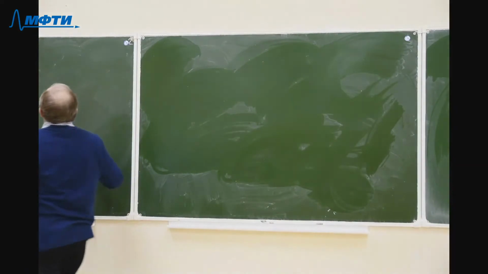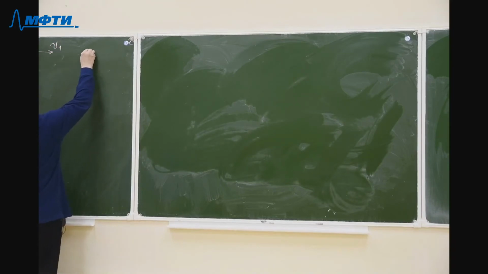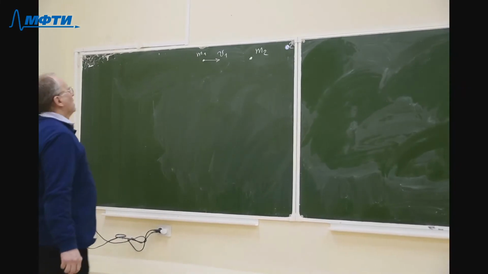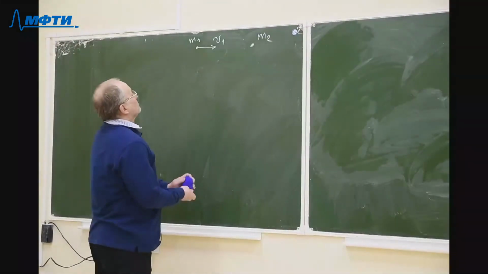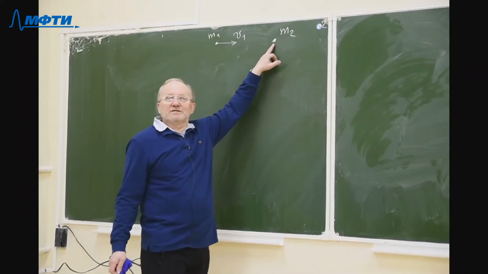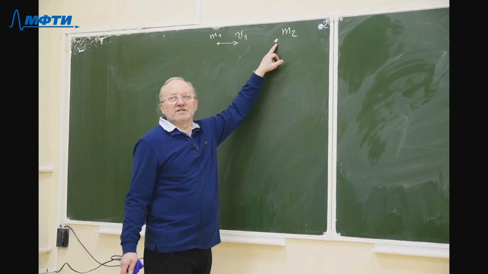Suppose we have two particles, m1 moving at velocity v1, and another particle m2 which is at rest. What will happen when one particle strikes another particle and the collision is elastic? What does it mean, elastic?